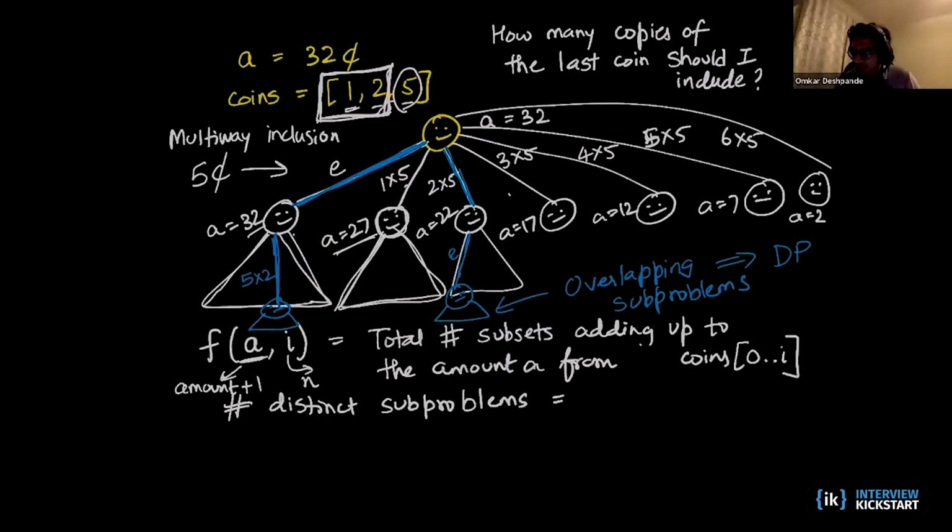It could be n or n plus 1. Let's say the base case is where you have no coins left at all. In that case, this would be n plus 1 as well. Otherwise, it would just be n. So the number of distinct subproblems is going to be amount plus 1 times n plus 1.